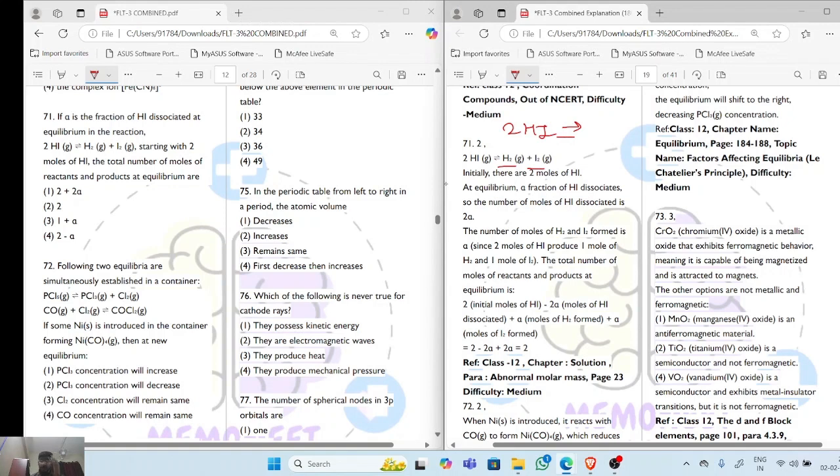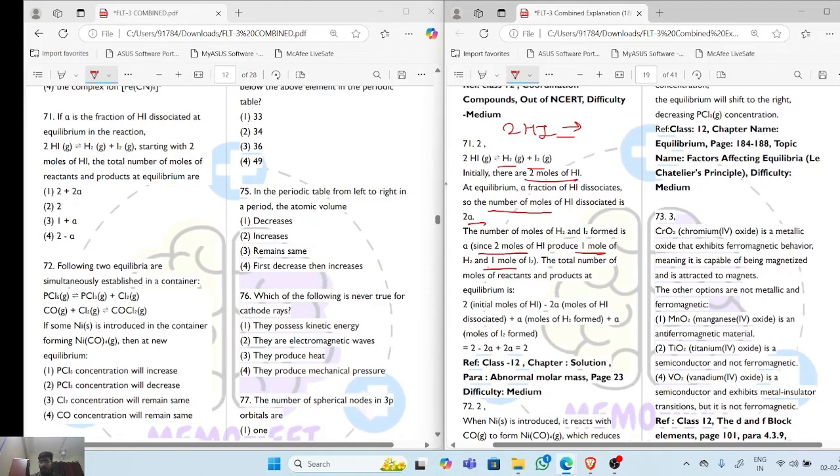Okay, so initially there are 2 moles of HI. At equilibrium, alpha fraction of HI dissociates, so the moles of HI dissociated is 2 alpha. The number of moles of hydrogen and iodine formed is alpha each, since 2 molecules of HI form 1 molecule of H2 and 1 of I2. This is very common and simple.